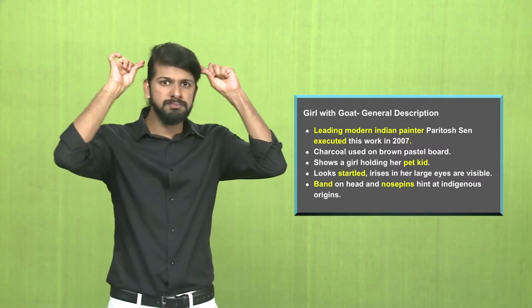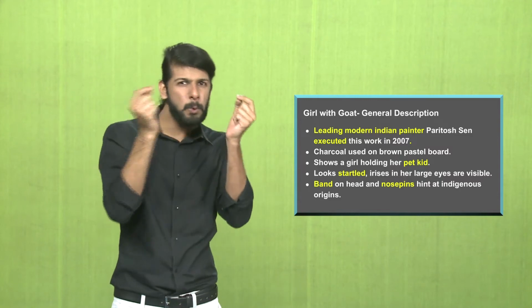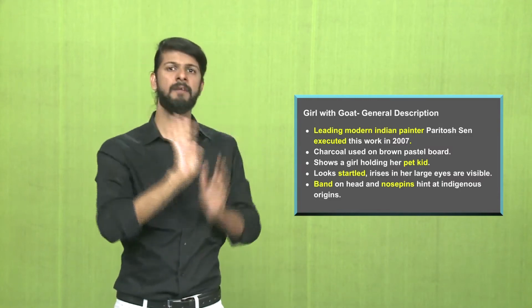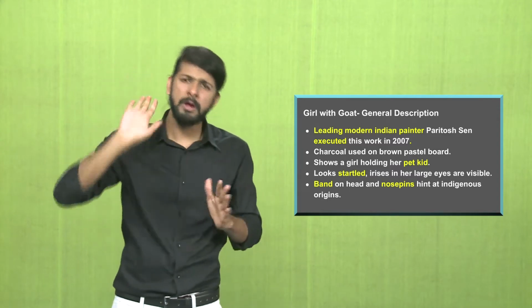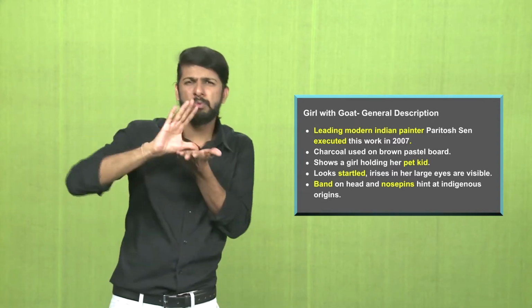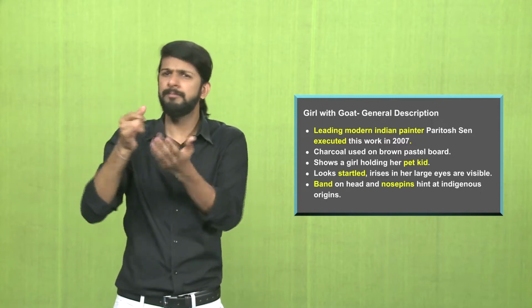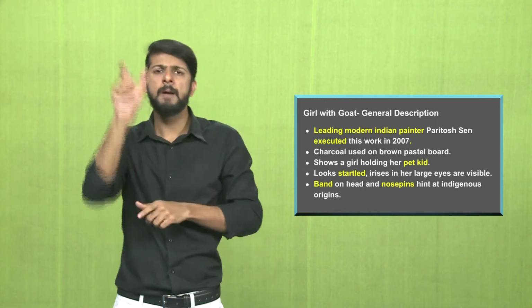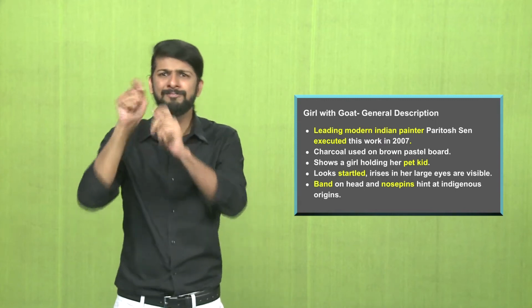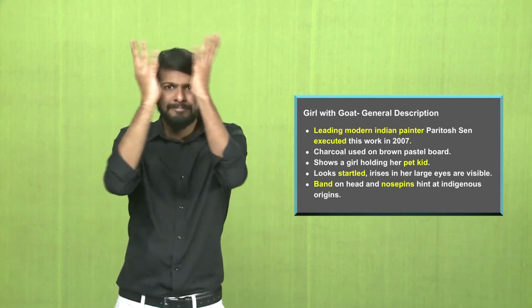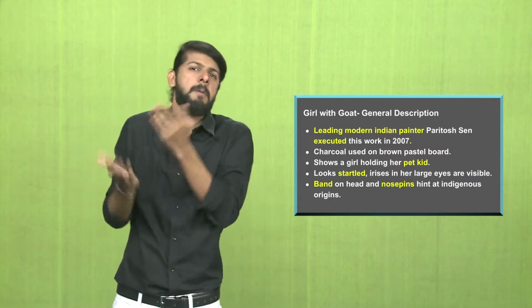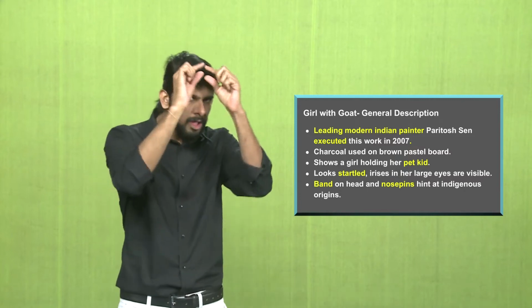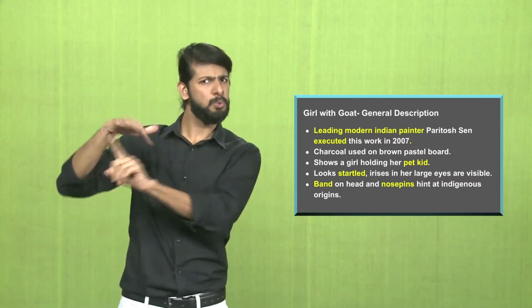You would also identify a band on her head and nose pins, which hint that when Paritosh Sen was executing this work, the girl belonged to an indigenous, rural or tribal background.